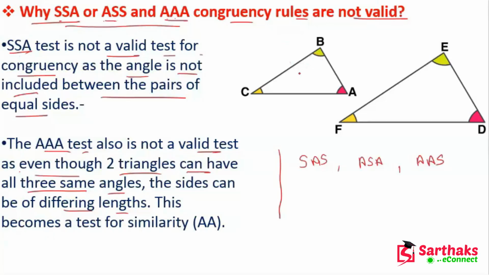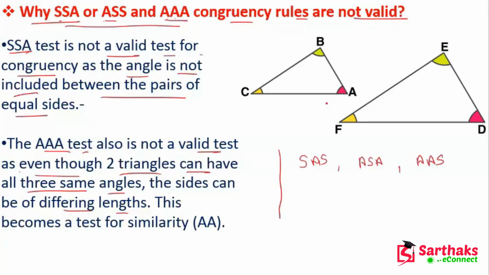Now you can see that we have these three angles of ABC and DEF. If all these three angles are equal, but the sides are not equal, we can say that the shape is similar but the size is different. In congruency, both shape and size should be equal.